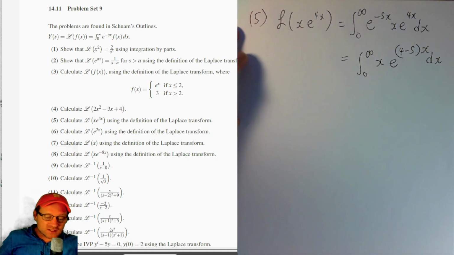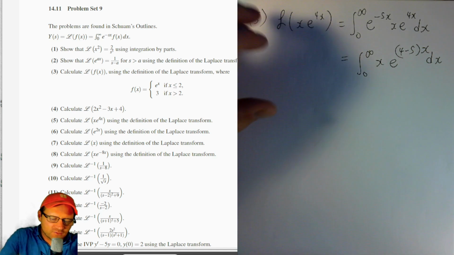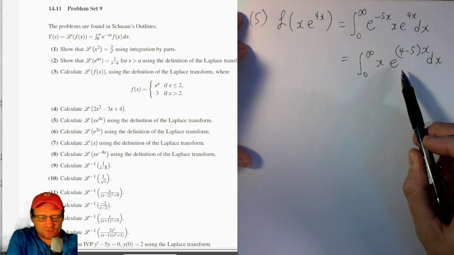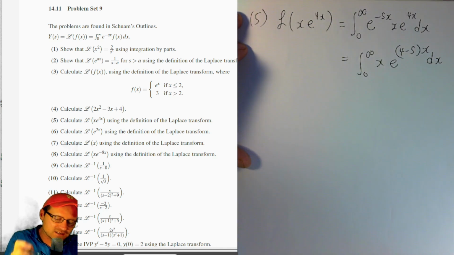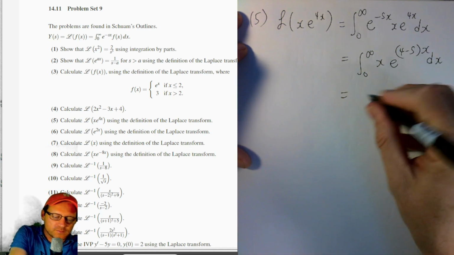All right, so with this one, we will need to use the integration by parts formula. So we will integrate e to the 4 minus s all times x first to express it as a derivative.